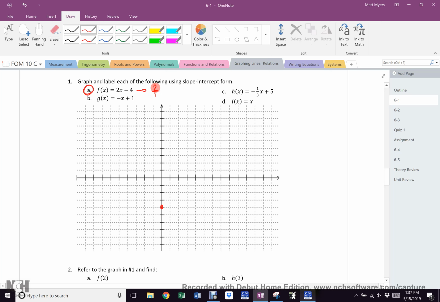So how do I do a rise of 2? I go up 2. How do I do a run of +1? To the right 1. How long will that pattern continue? Forever. In which direction? Right and left. So if I wanted to go left from here, where would I go? Down 2 and left 1.